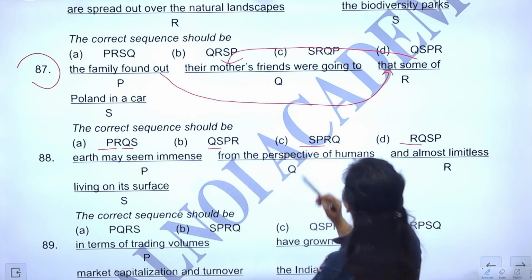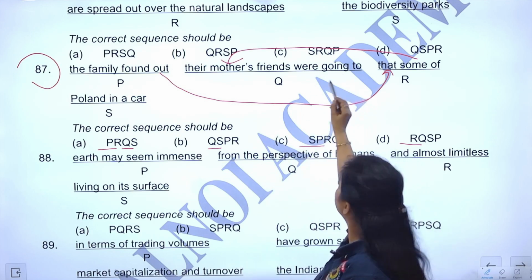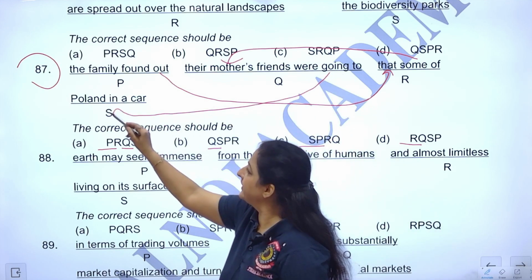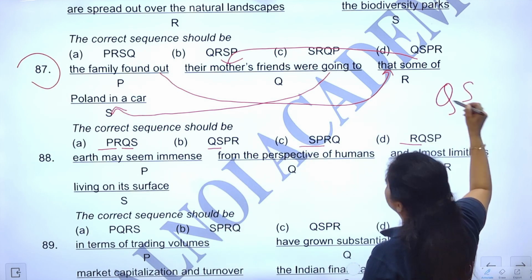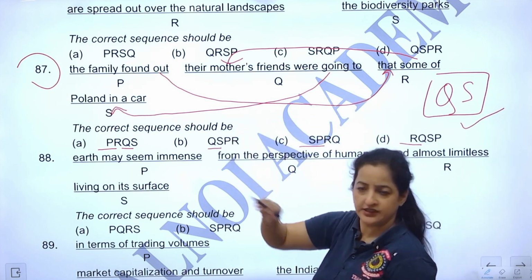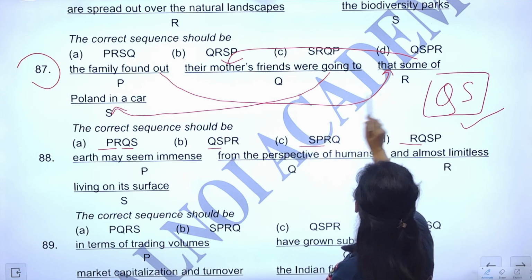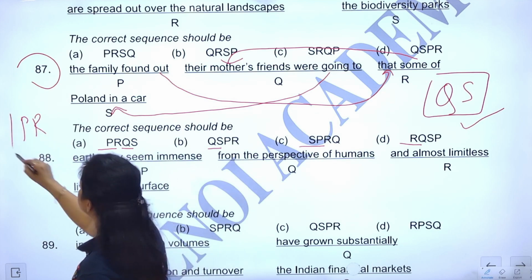Some of their mother's friends were going to, where they were going? They were going to Poland in a car. Really making sense. So Q and S is a wonderful pair. Going to Poland is really connecting. And then even P and R is a wonderful pair, mandatory pair.